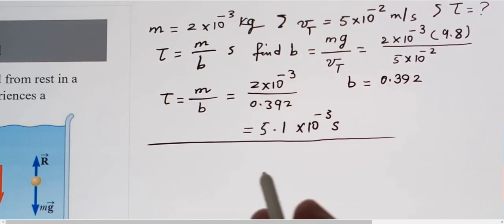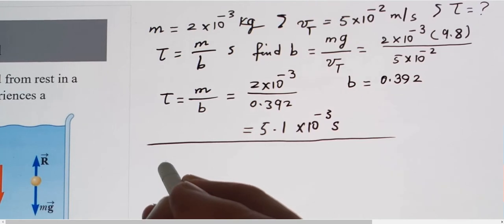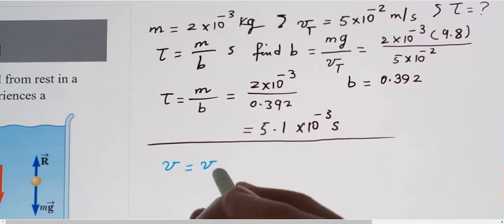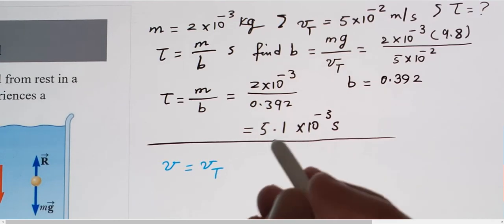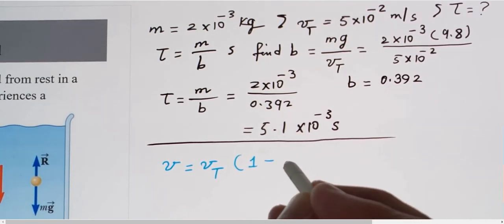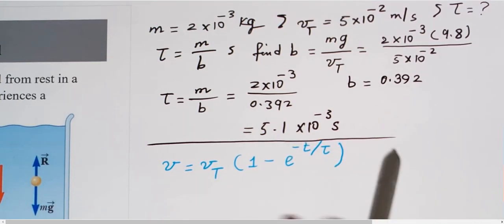طيب, let's change the color of the pen and solve part B. We have V is equal V terminal multiplied by 1 minus e to the minus t over tau. And from where we have it?